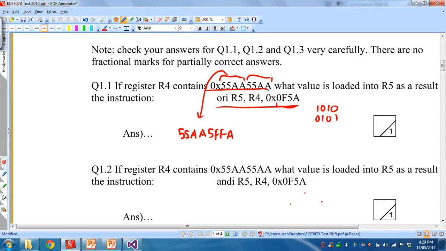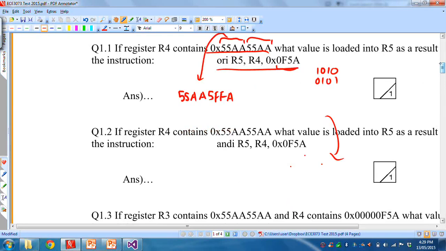The AND, again, it's the exact same thing, except it's an AND function instead. So if you AND zeros with values, what do you get? Zeros. So your most significant 6 bits are all going to be 0. Then the next set, again, just ANDing.